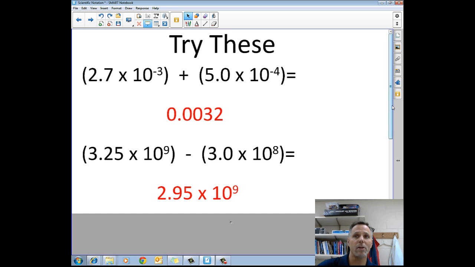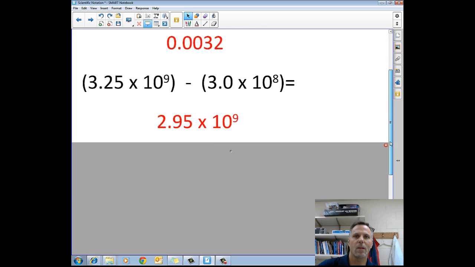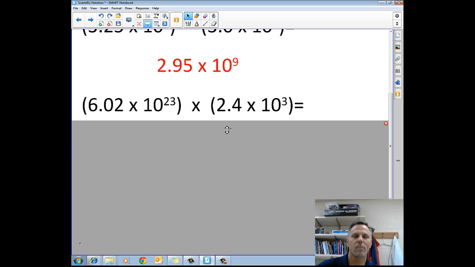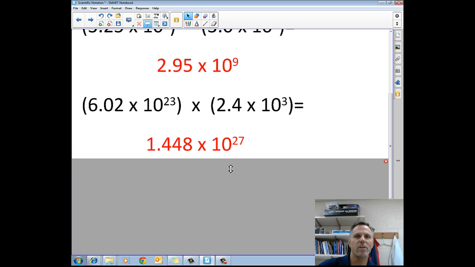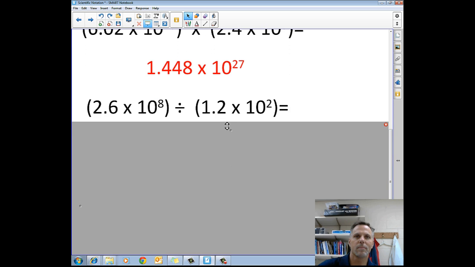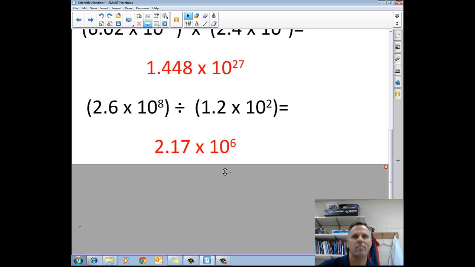Again, it will read on your calculator 2.95 E9. Let's try 2 more. Try this one, put me on pause. Here's the answer. And finally, one last one. Try this one, put me on pause. And here's the answer.